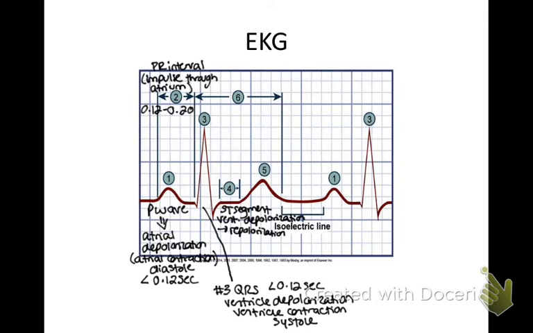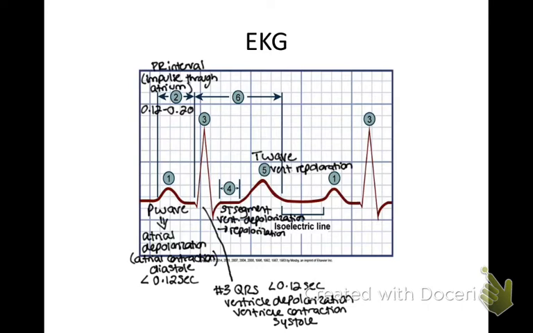So this is QRS. Does everyone know the P, QRS, all that? Okay. So ST segment should always be flat. That's the ventricle going from depolarization to repolarization. And the T wave is actually ventricular repolarization.